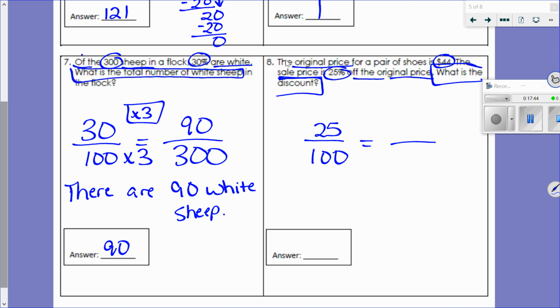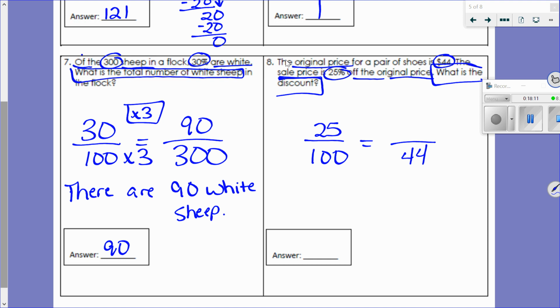The original price for the shoes is $44. Is that part of the price or the whole price? The whole price. Your original price is always going to be your whole. Your sales price or your discount is always part.